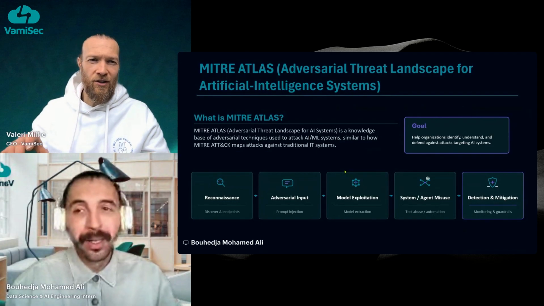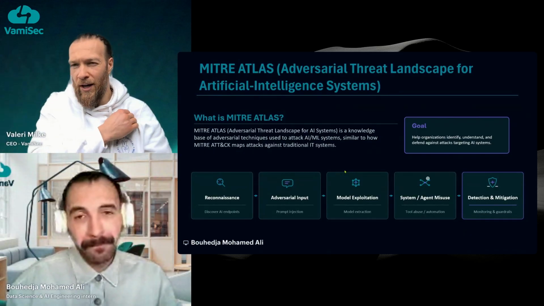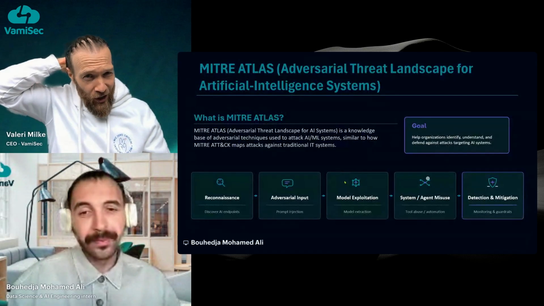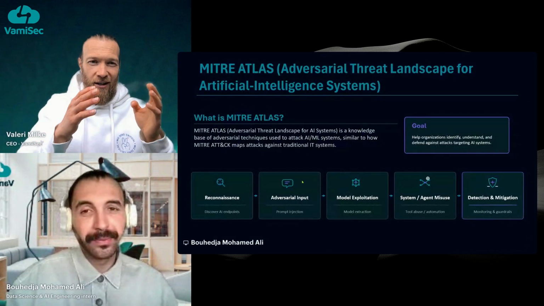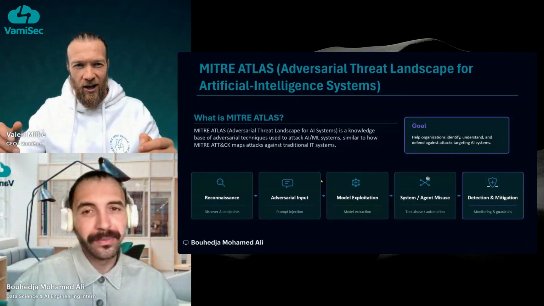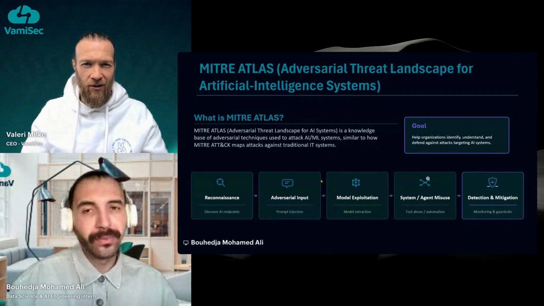Yeah, it's very interesting. It comes from traditional attacks, the so-called cyber kill chain, which shows how a typical attack proceeds. First, the attacker researches his target, right? So this is the reconnaissance phase.